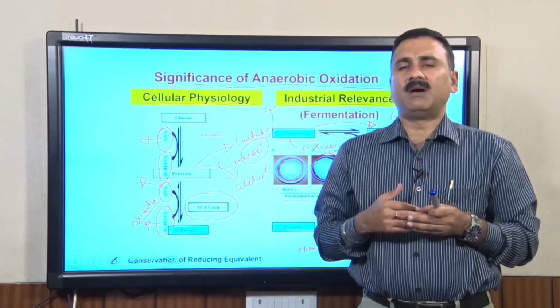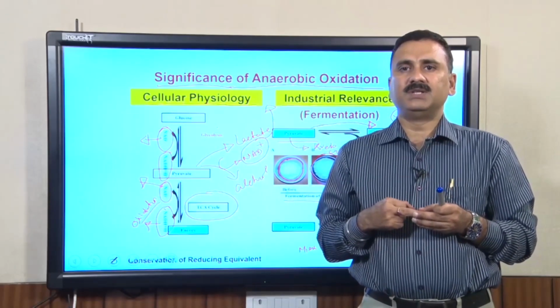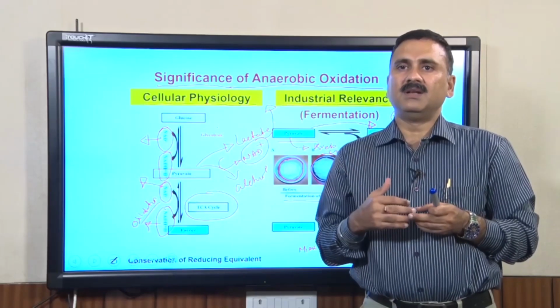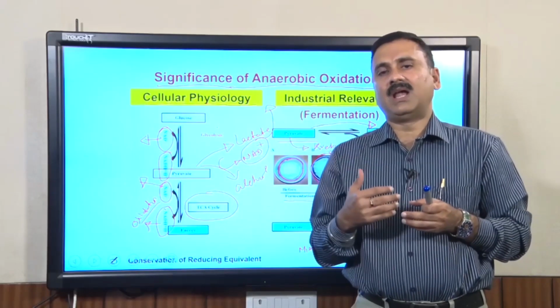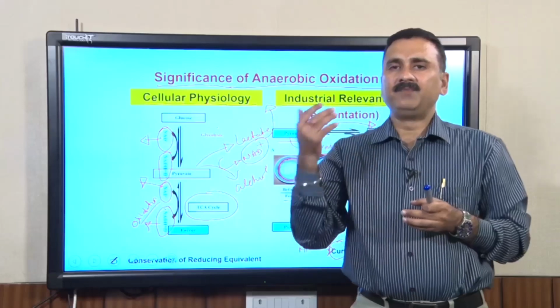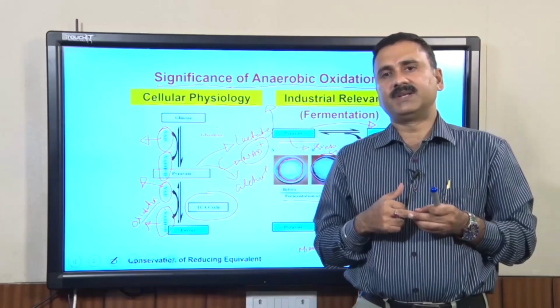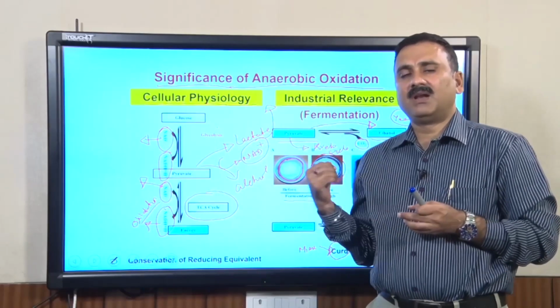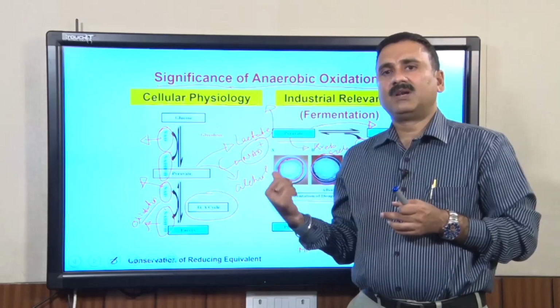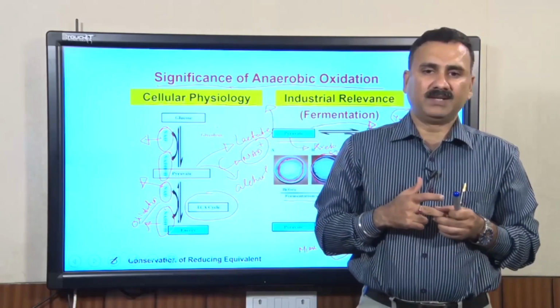We have also discussed anaerobic oxidations and their relevance in sustaining the life of the organism, and at the end we have also discussed the industrial relevance or the physiological relevance of these anaerobic pathways.